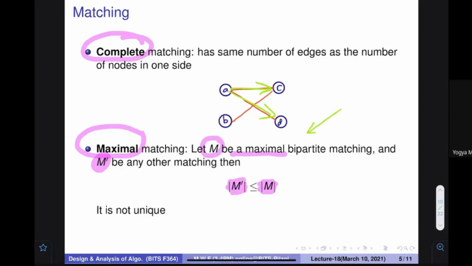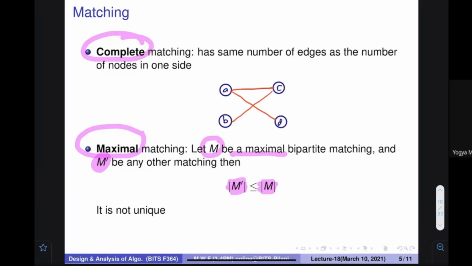Make sense? Sir, can't we add BC and AD to create a complete matching? On slide 5 by 11, can we add BC and AD? We can add BC, we can add AD. Then the size would be 2. I constructed this example, but I have not actually shown the directions here, so that's why it was a bigger problem.